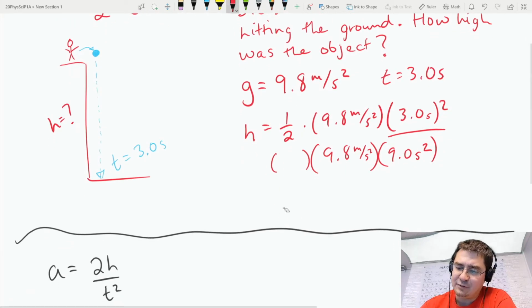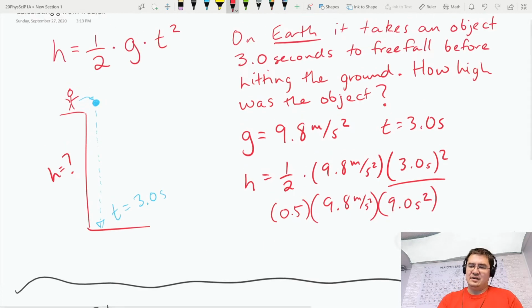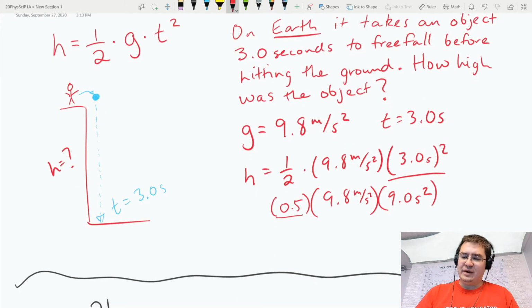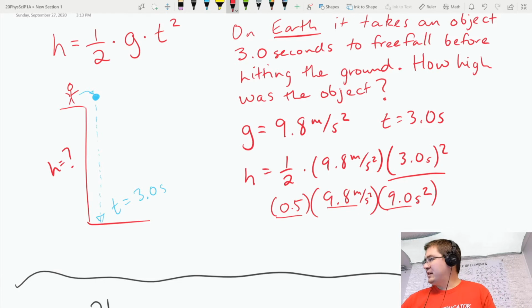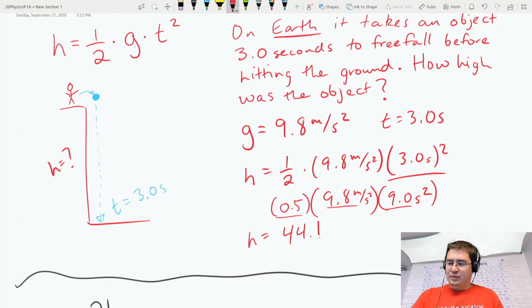And a half I can just write as 0.5. So in my calculator, I need to multiply 0.5, 9.8, and 9, right? So I just type in those 3 things multiplied. I'll do it off to the side. 0.5 times 9.8 times 9. I get a height equal to 44.1.